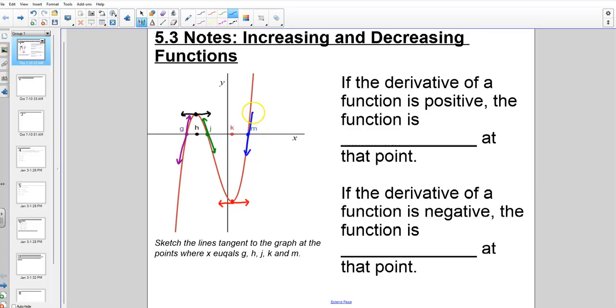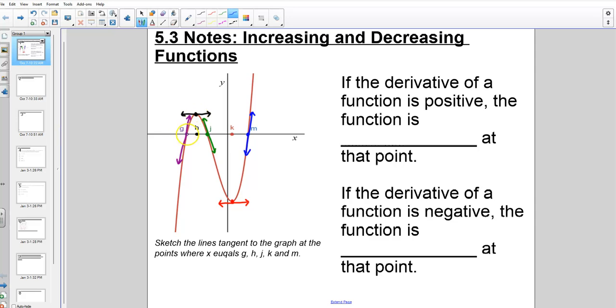Okay, so in these notes, what we're going to be looking at is where functions are increasing or decreasing. If you remember from pre-cal, when we're talking about increasing or decreasing, we always go from left to right. So if we start over here on this left side, if we go from here to here, what's my function doing? Increasing.